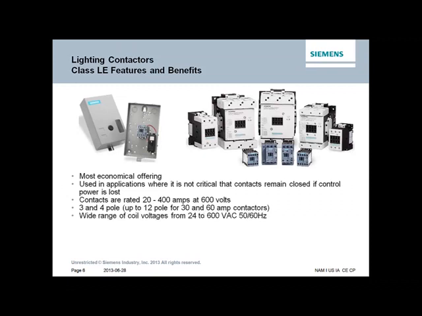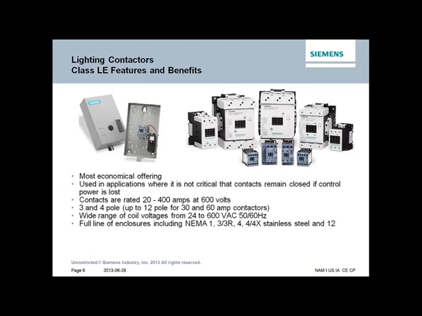Any additional poles will require additional contactors. They include a wide range of coil voltages ranging from 24 volts up to 600 volts, and they are offered in a full line of enclosures, including NEMA Type 1, 3R, painted 4, 4X stainless steel, and NEMA 12.